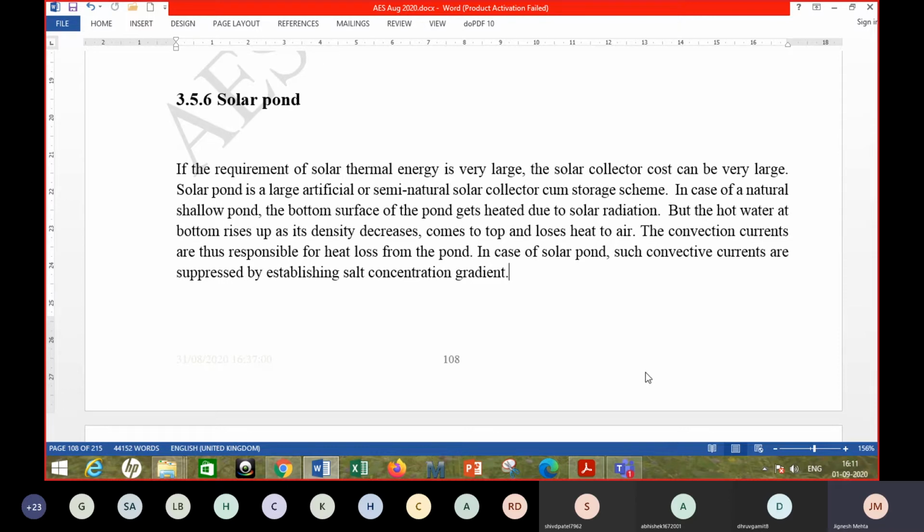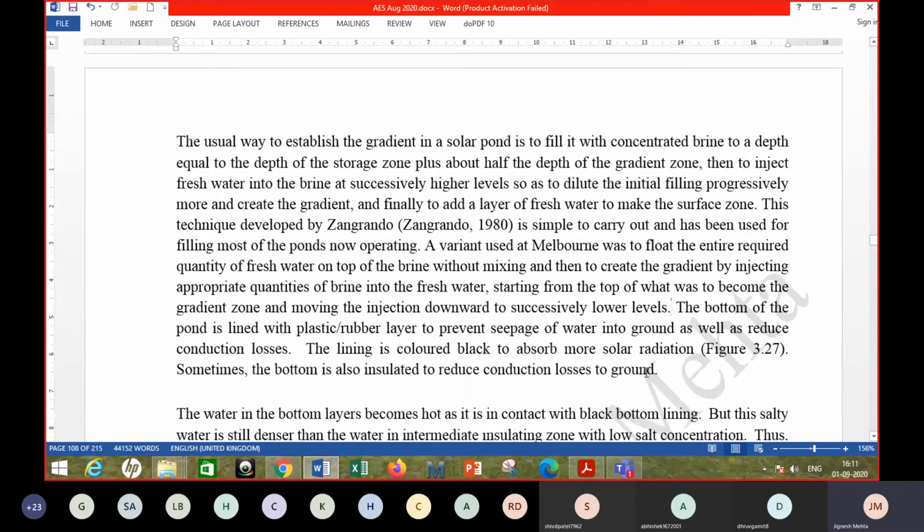That changes the density, and that higher density doesn't allow the water to go up, even if it becomes slightly warmer, because of the higher salt content in the lower layers. So this is what is done in a solar pond, and the heat is stored.